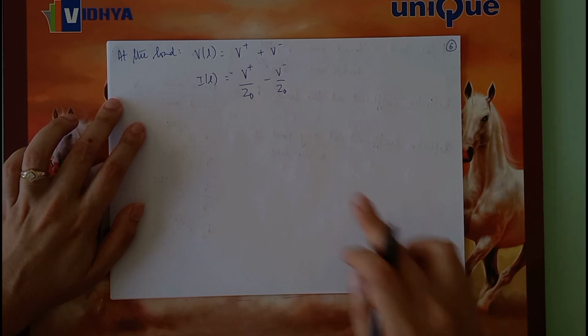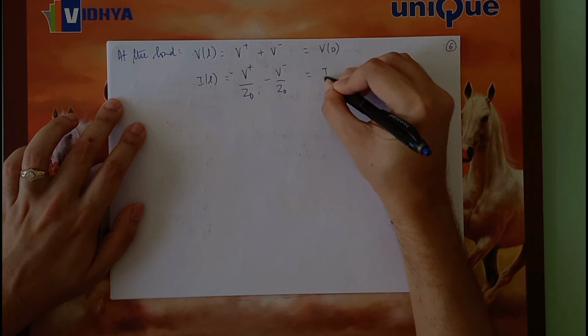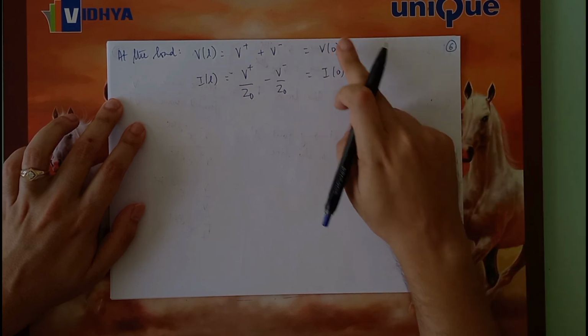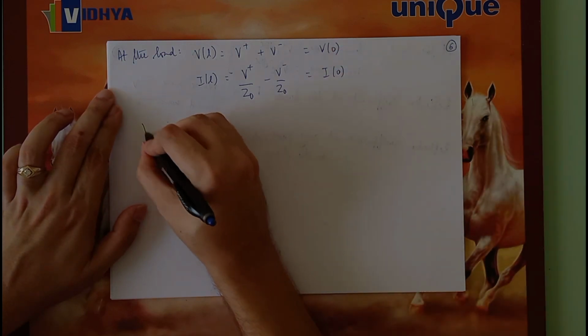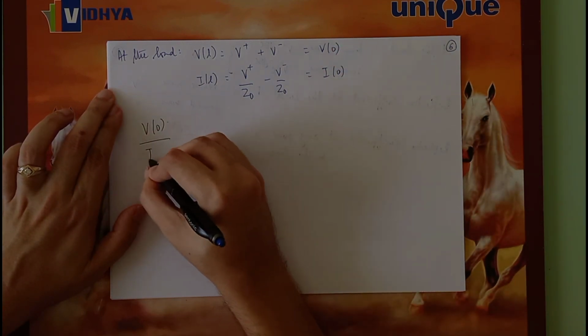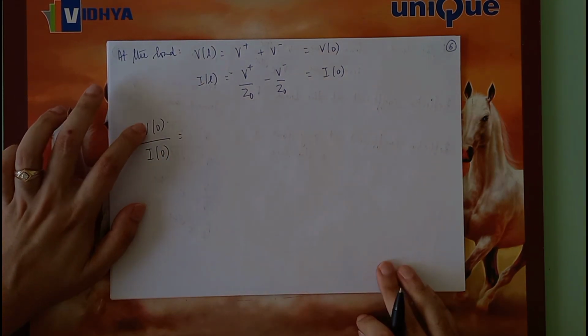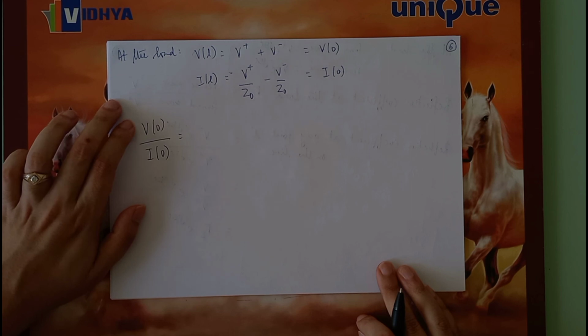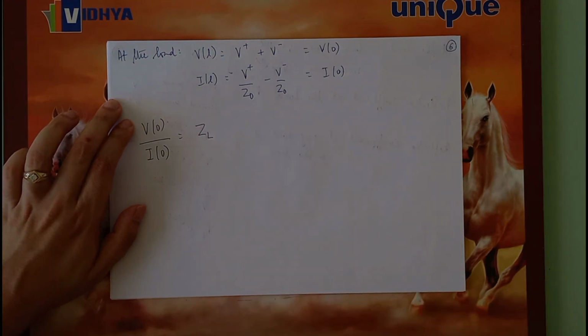So since L is equal to 0, we should say V of 0 and I of 0. Now if I divide V of 0 by I of 0, what is the quantity I will get? This is the voltage across the load divided by the current through the load. So that is nothing but the load impedance itself.